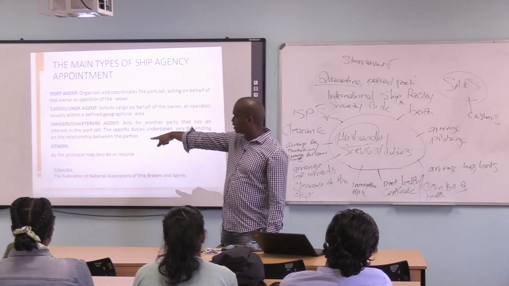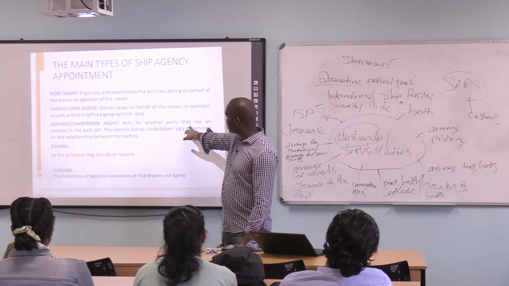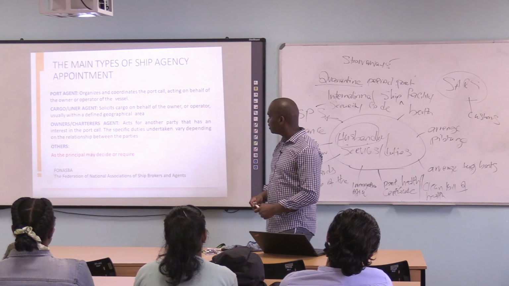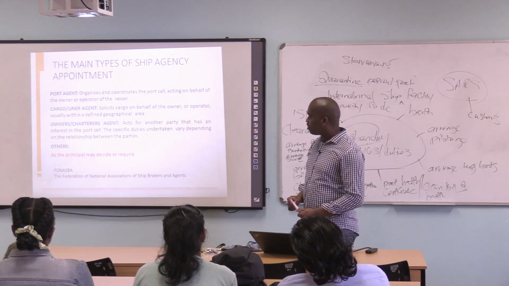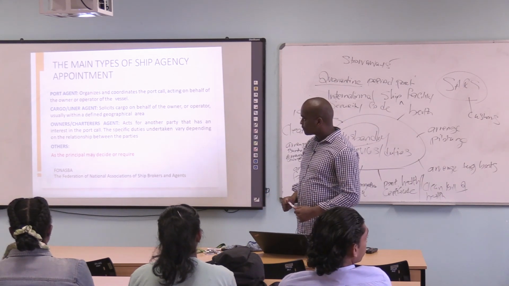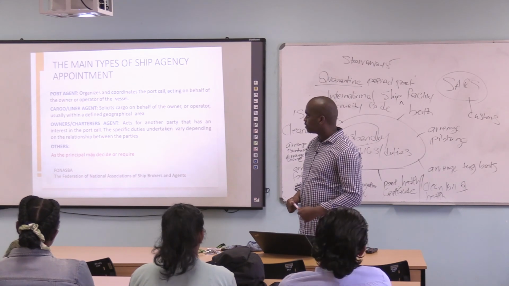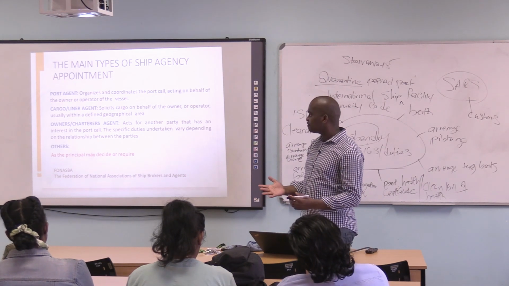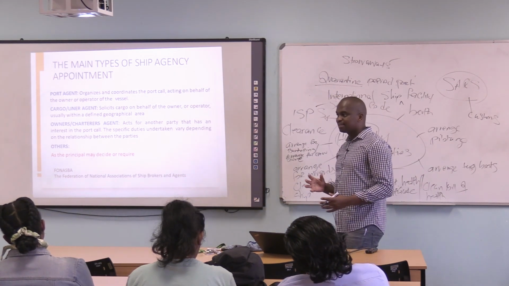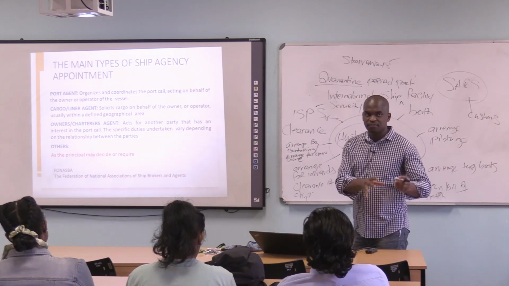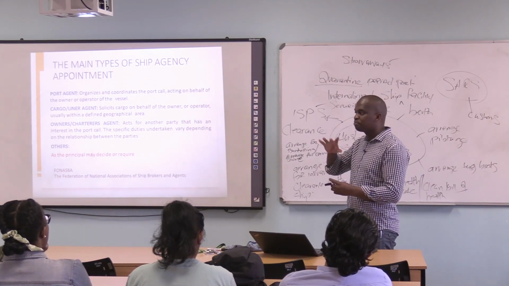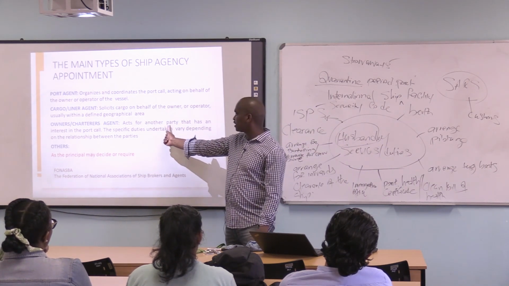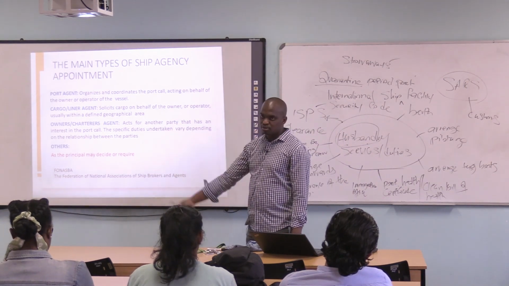Now, owners' and charterers' agents act for another party that has an interest in the port call. The specific duties undertaken vary depending on the relationship between the parties. So you'd also have agents that are not necessarily the representatives of the ship owners, but they would represent other parties. Hence, the charterers act for another party that has an interest in the port call.